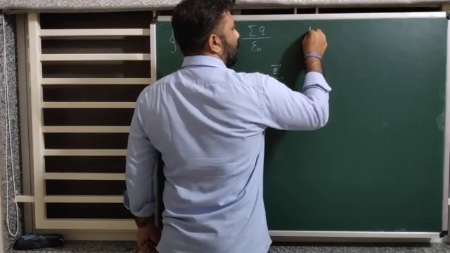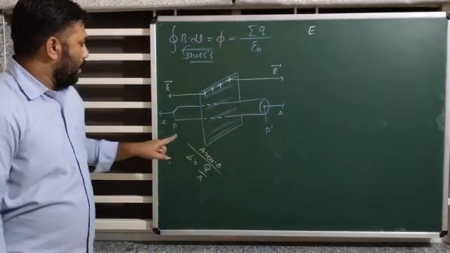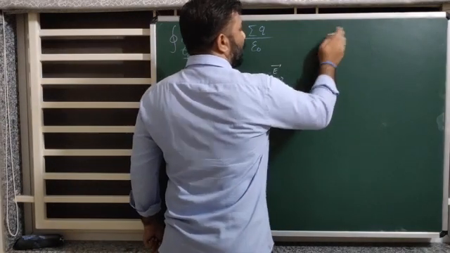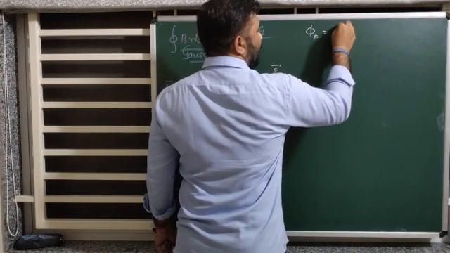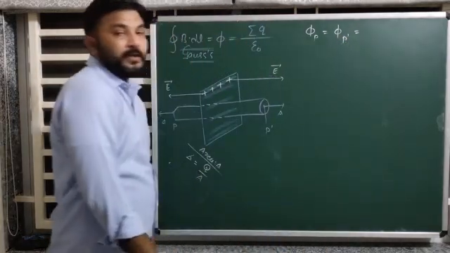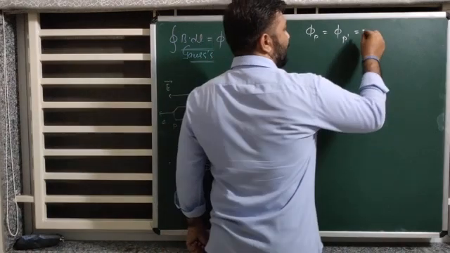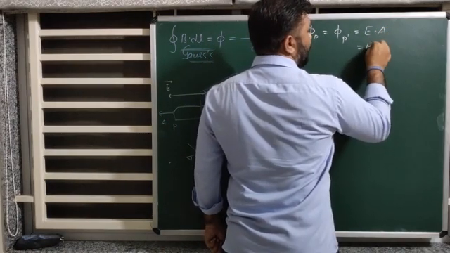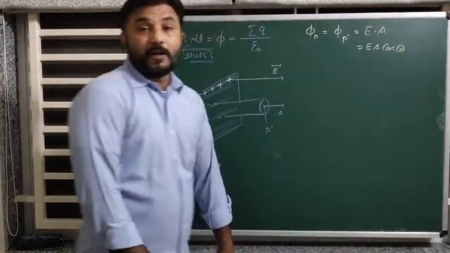Then directly you have to write this way. The flux associated with point P as well as point P dash is given by phi equals E dot A, and it is nothing but EA cos theta. What is theta?